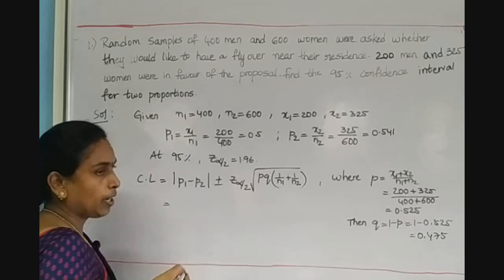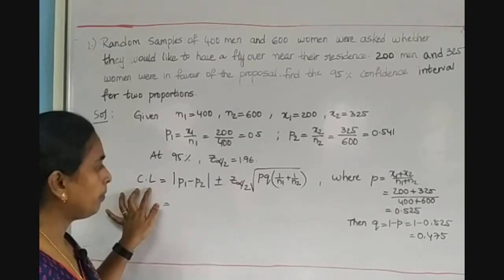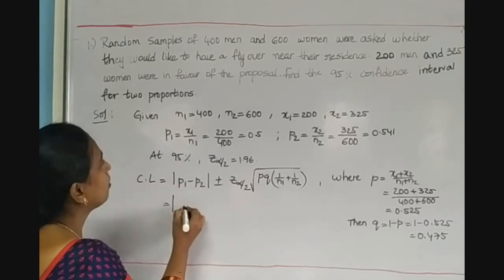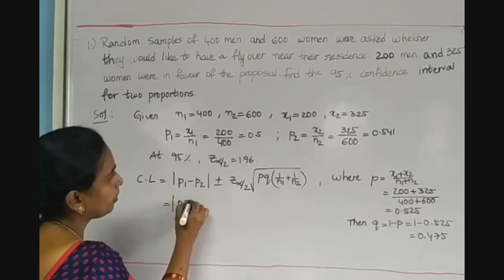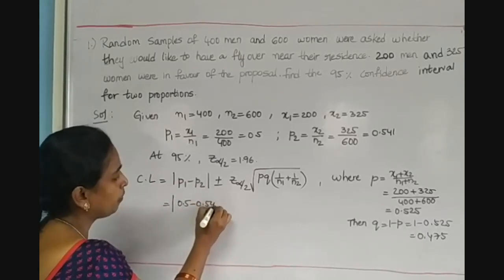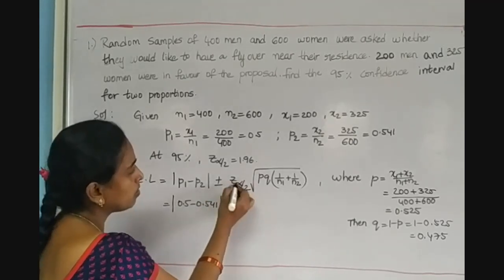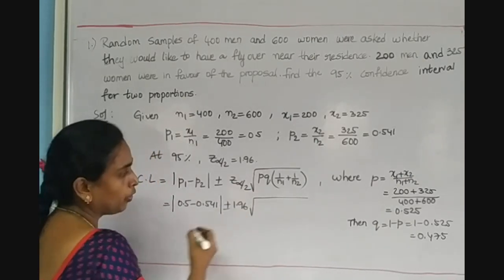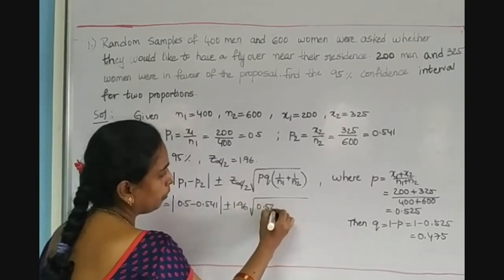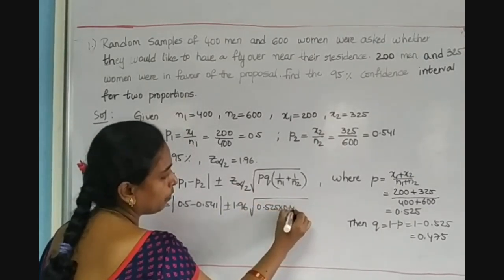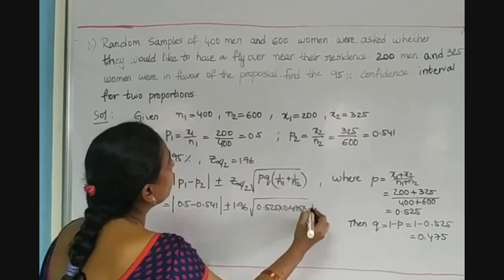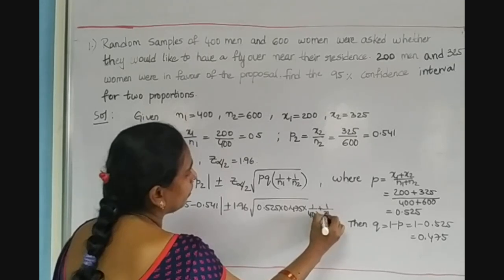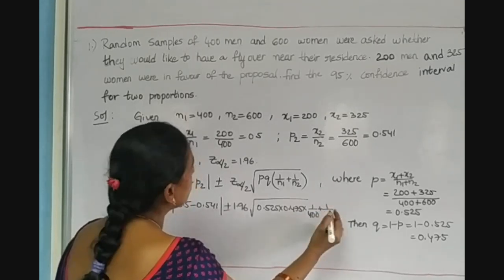Now we can find the confidence limits by substituting those values. That is modulus of 0.5 minus 0.541 plus or minus Z alpha by 2, which is 1.96, into square root of 0.525 into 0.475 into 1 by 400 plus 1 by 600.